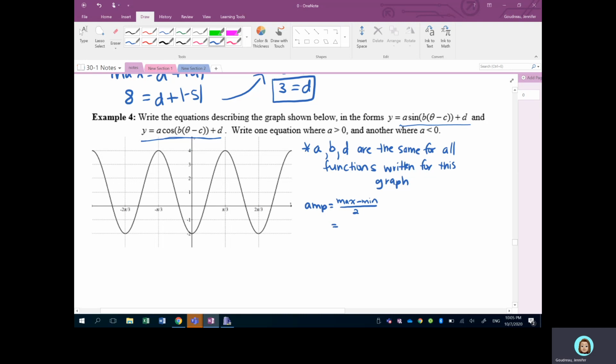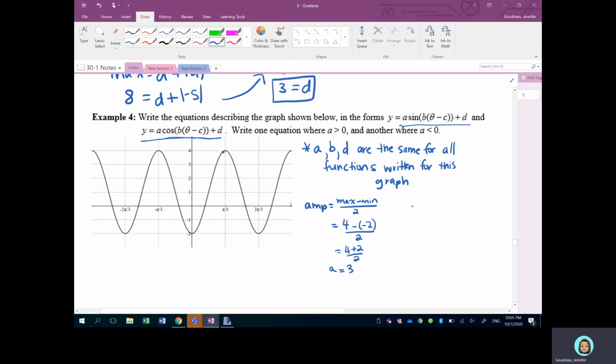The maximum in this case is at +4. The minimum is at -2, so 4 minus -2 divided by 2 is 4 plus 2 divided by 2, which is 6 divided by 2, which is 3. So A, our amplitude, in this case is 3.